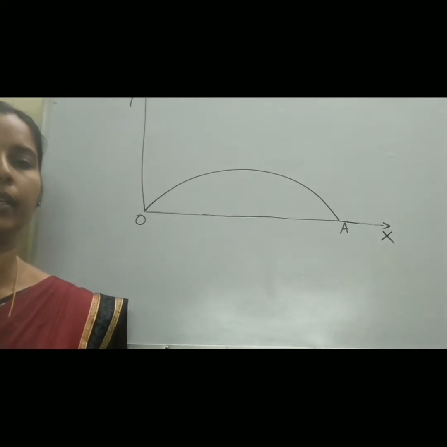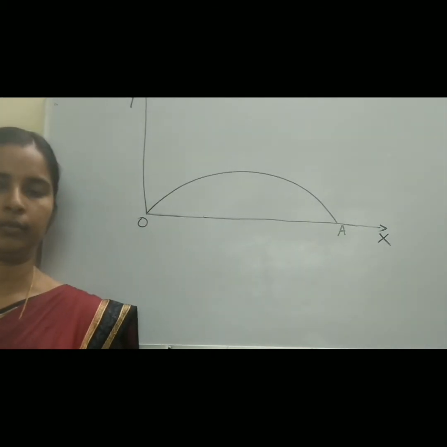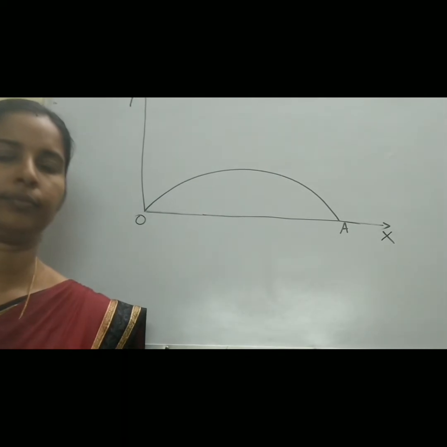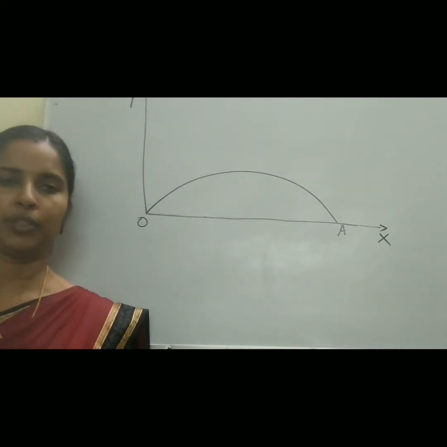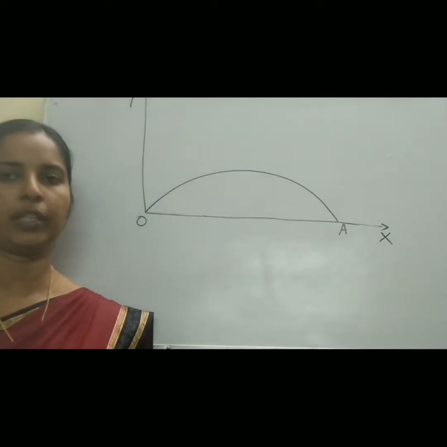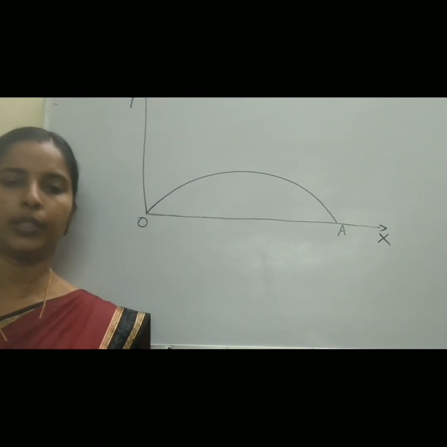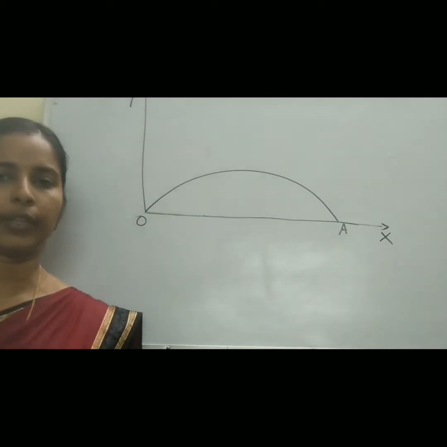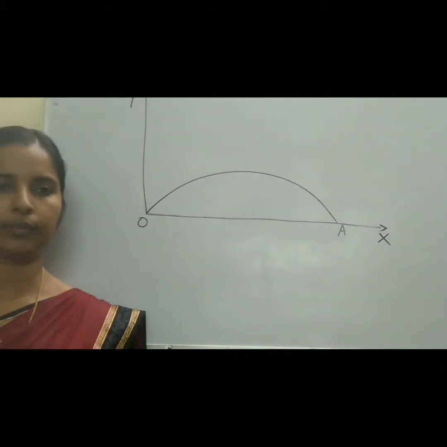Next, we have to derive the equation of motion of the string. For that, we have to make a few assumptions. The assumptions are: the string is made of homogeneous material, that is, the mass per unit length of the string is a constant. There is no effect of gravitational and external forces.